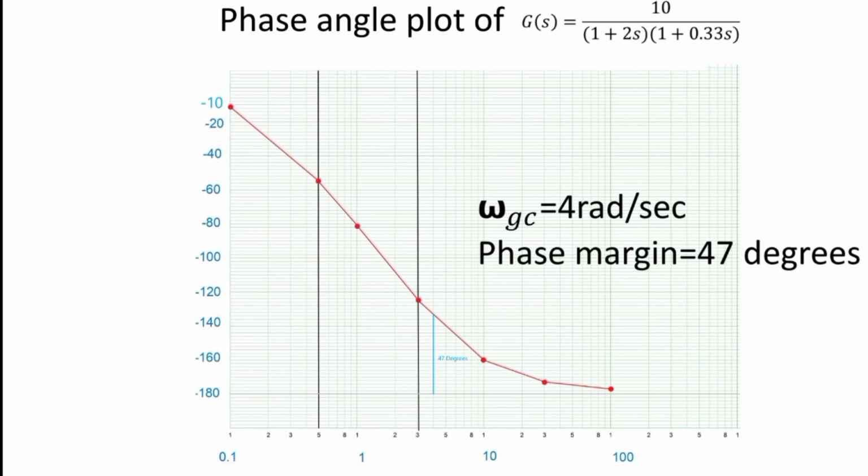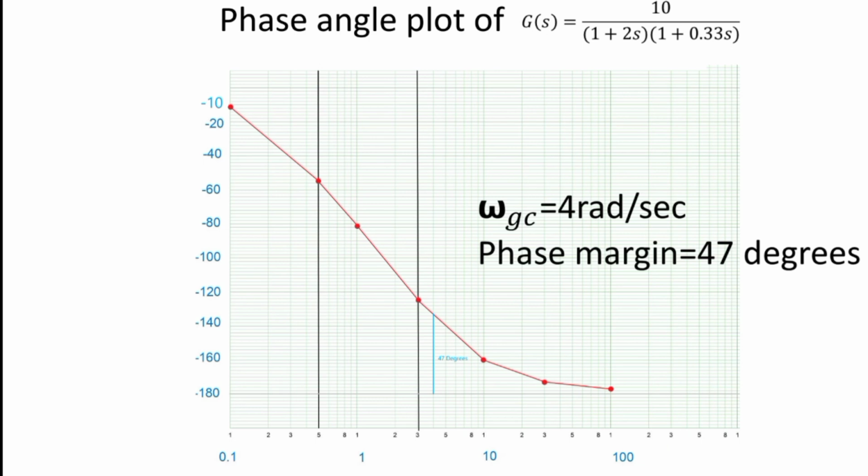Similarly, locating all the coordinates in the semi-log sheet and joining all the points smoothly, we get the phase angle plot of the given transfer function G(s).